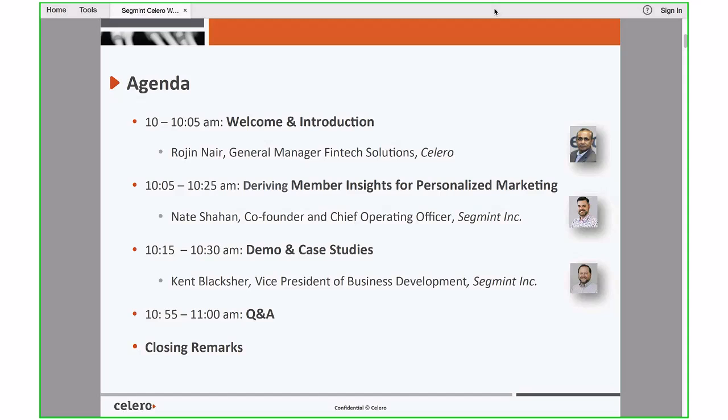Great, we'll get started. As part of Cellero's business analytics offering, we're constantly looking at exploring partnerships with leading analytics fintech solutions. I'm excited today to have Segmint present their award-winning data-driven marketing technology. Segmint offers a platform that leverages actual consumer data to help marketers understand and even anticipate the needs of their target audience via what they call key lifestyle indicators.